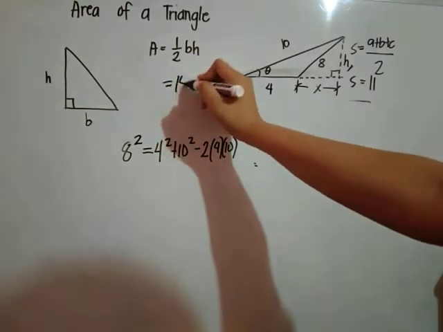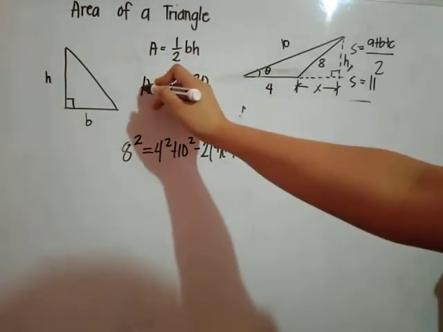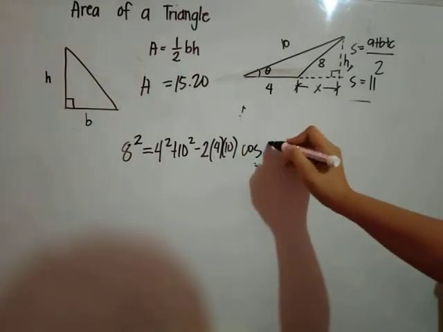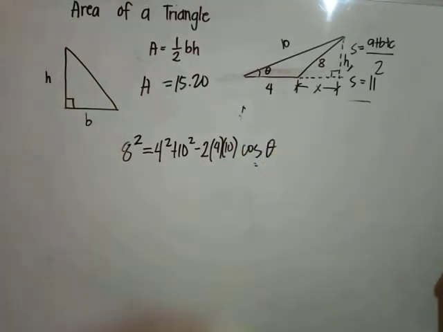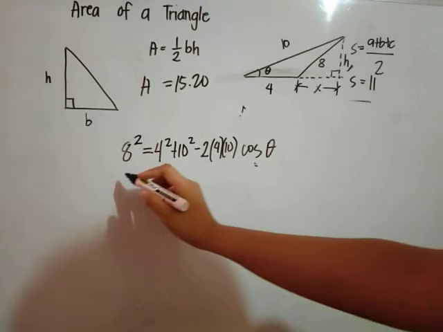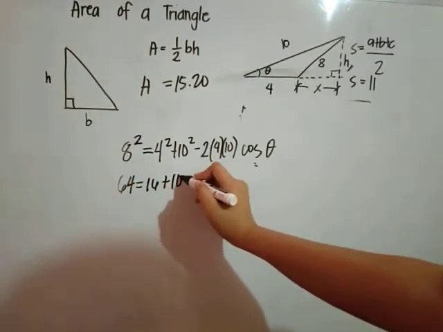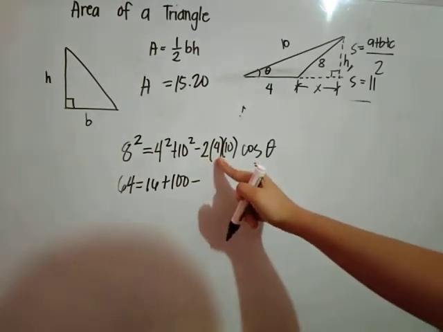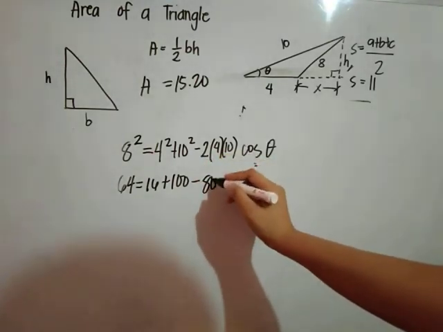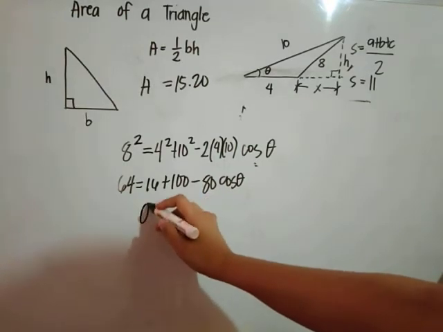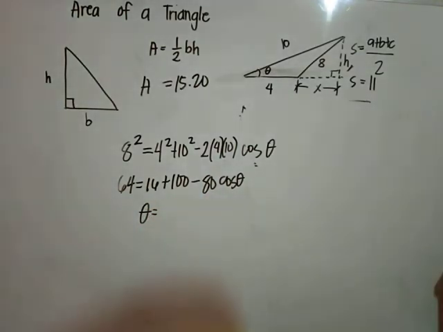So, ito is set aside ko muna, 15.2. Angle natin, 15.2 ay area. So, cosine theta. So, paano ulit kunin si theta? Simplify lang natin. So, we have 64 equals 16 plus 100 minus 2 times 4 is 8, then 80 cosine theta. So, shortcut ko na. Paano na makuha si theta?